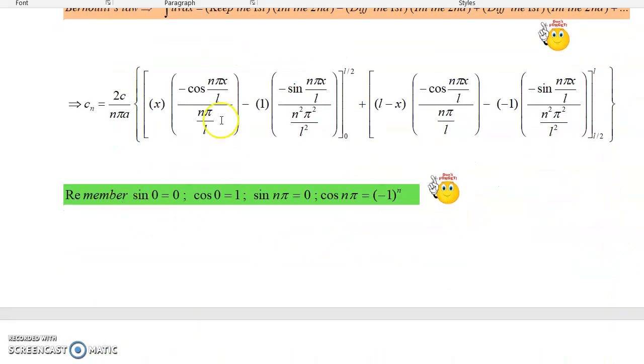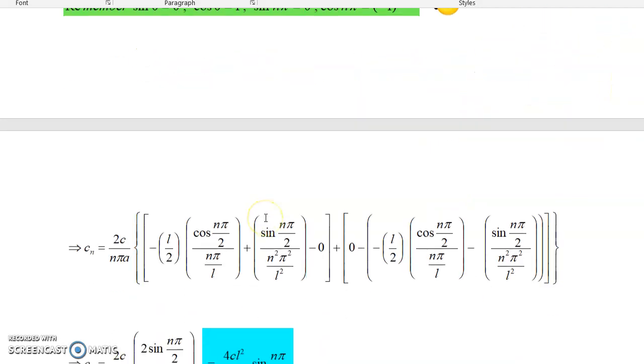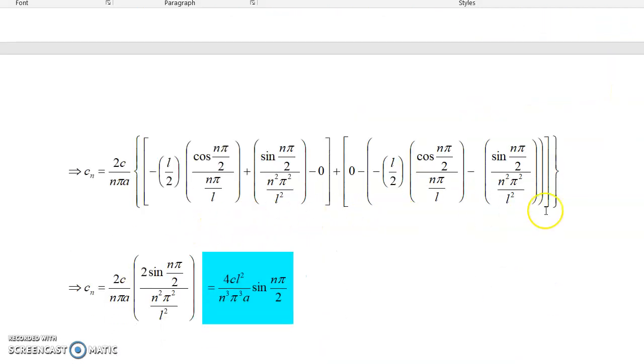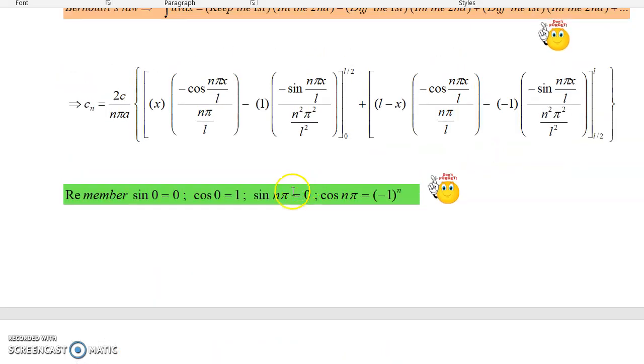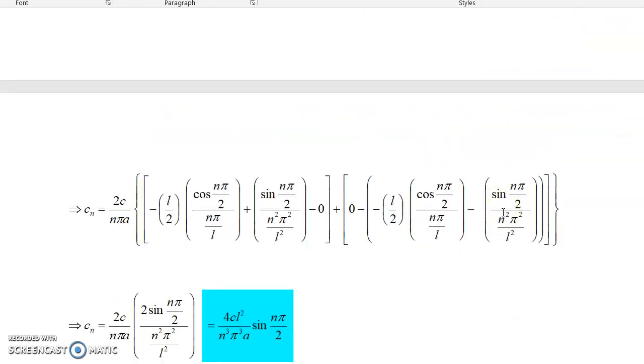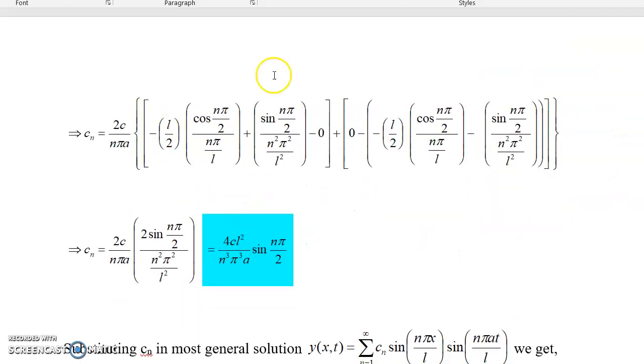Now when you apply the limits, you will get terms like this: sin 0 is 0, cos 0 is 1, and sin n pi, cos n pi you will get. These are the basic values you should remember. So when you substitute the limit for all these values, you will have terms like this. You can see, substitute in the place of x L by 2, minus in the place of x 0. Similarly here you can substitute. So when you substitute, you will get values like this.